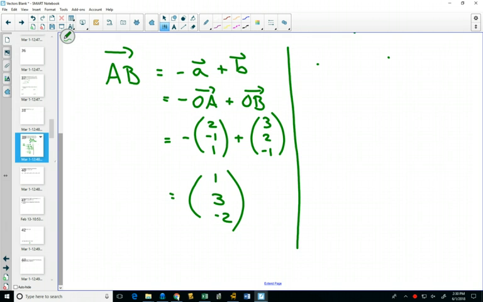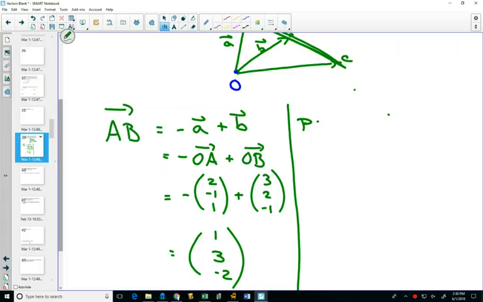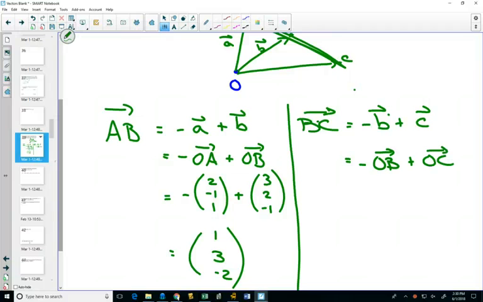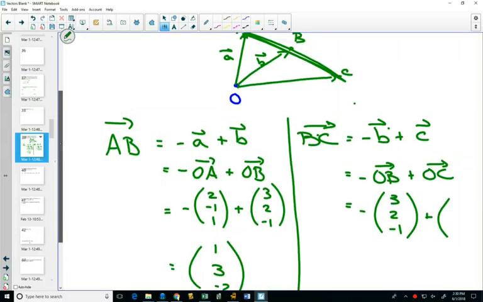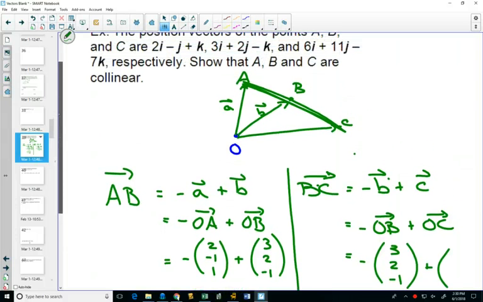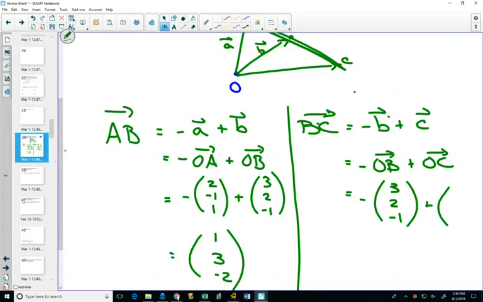Right beside it, we'll figure out B to C. Well, that would be a negative B plus C, which would be a negative O to B plus O to C. O to B was 3, 2, negative 1, and O to C was 6, 11, negative 7.